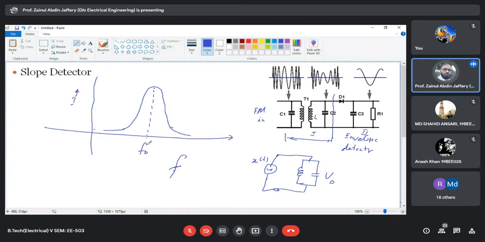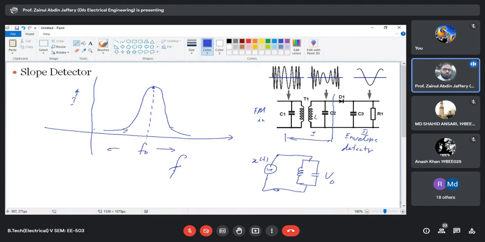At F0 it gives the maximum output, and as you move to either this side or this side, the output voltage decreases. So this becomes a frequency dependent voltage circuit.